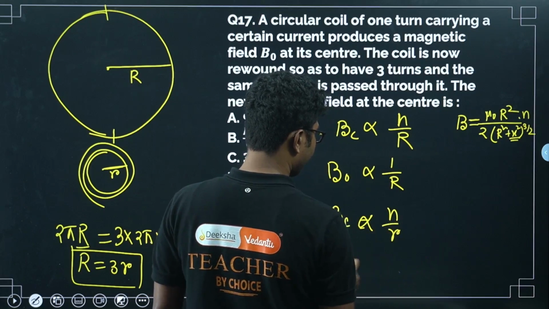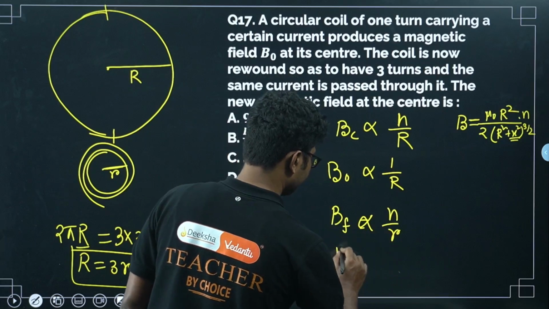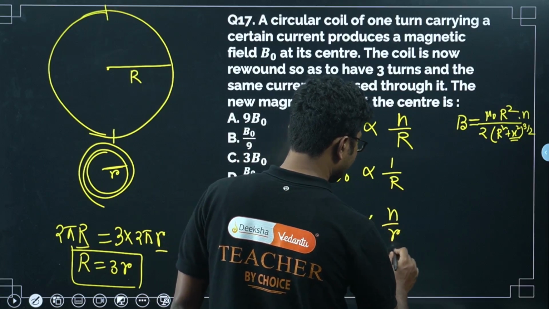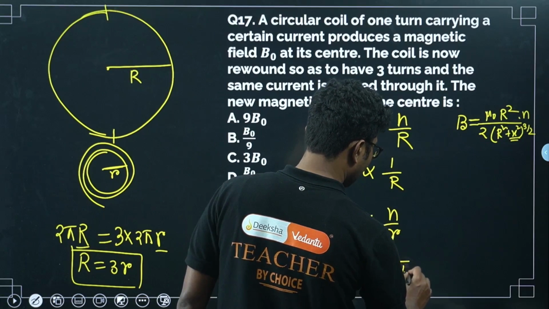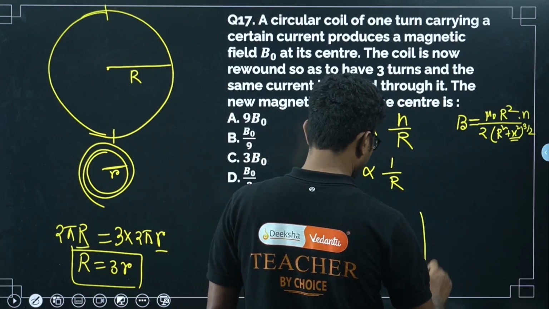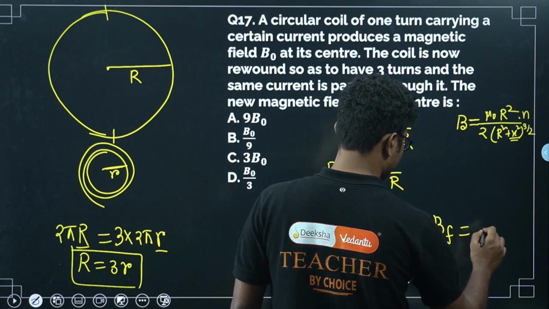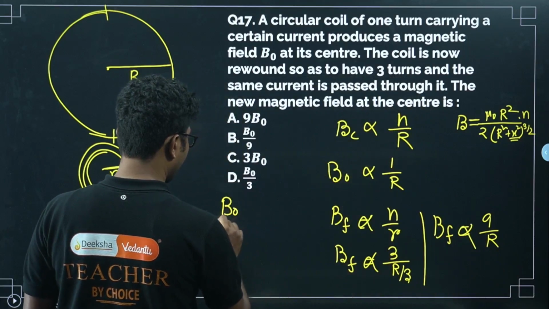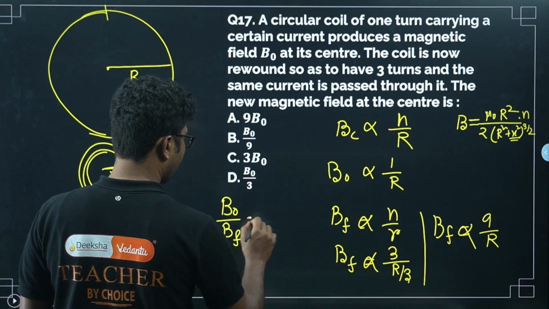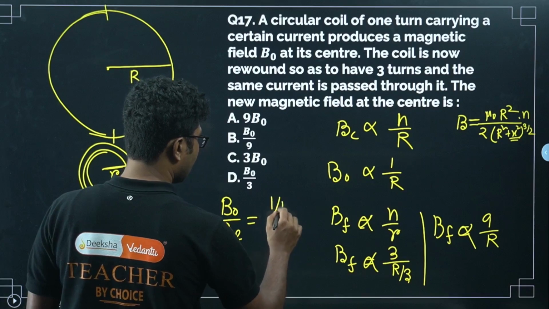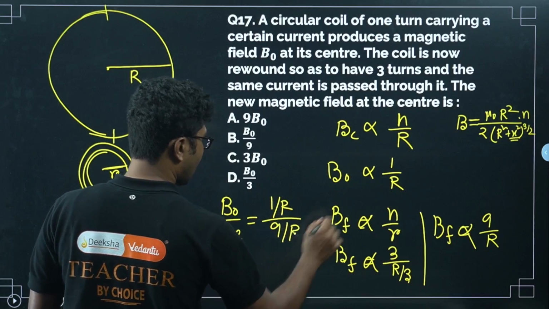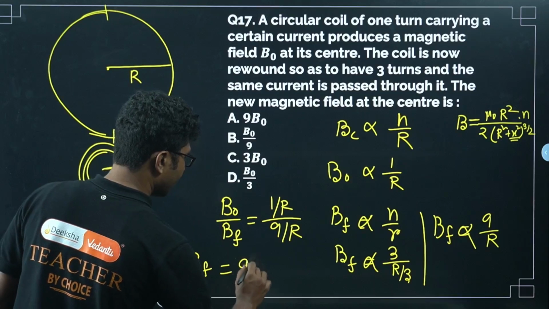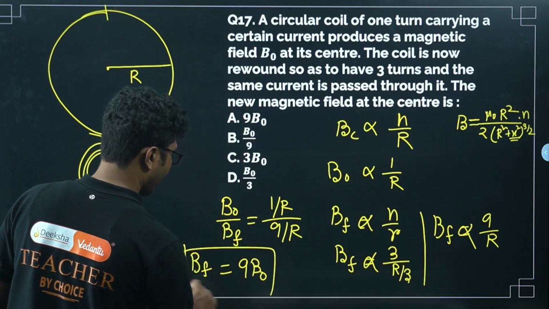So B F is proportional to n is 3, r is R by 3, so B final will be 9 by R. If you divide B naught by B F, it will be 1 by R divided by 9 by R. The other is constant, so it will cancel. So B F is 9 B naught.